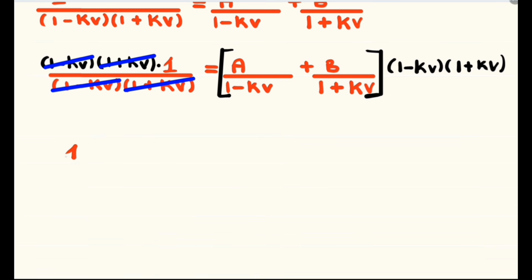We'll be left with 1 is equal to, so let's distribute the 1 minus kv multiplied by the 1 plus kv.